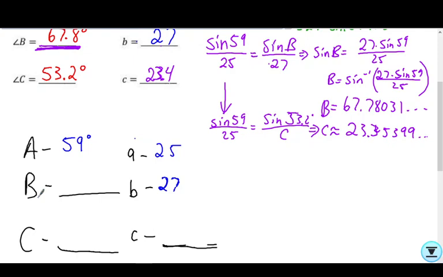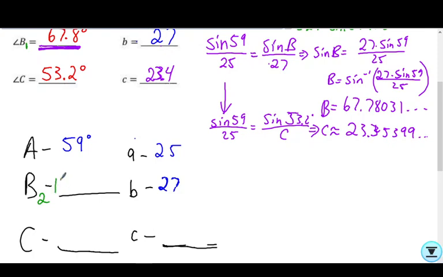I don't know anything about C. The only thing I can do is find B. So I'm going to call this right here my B2. Now, whatever angle I solve for first, that's what you're going to use to find the second solution. So this is B1.